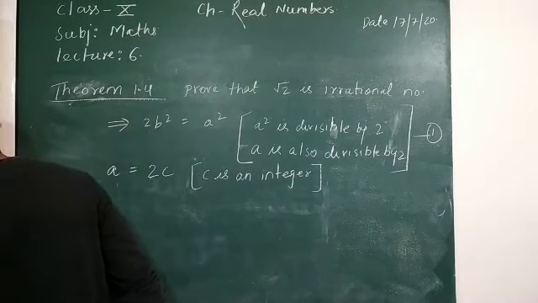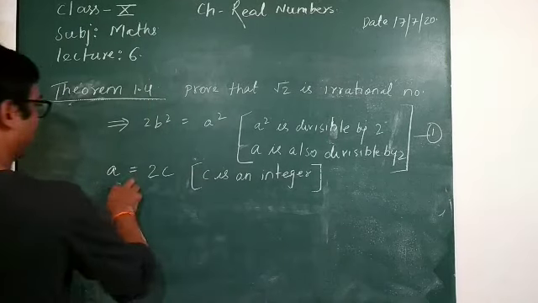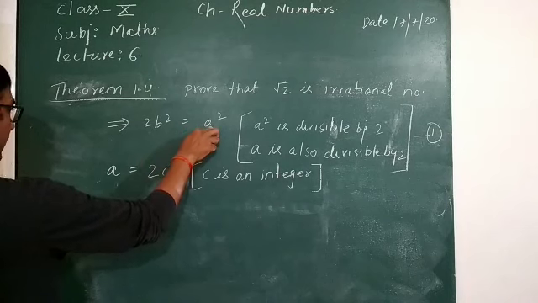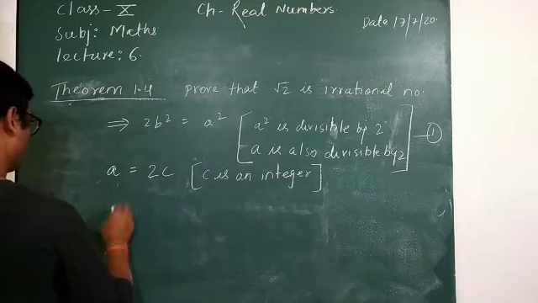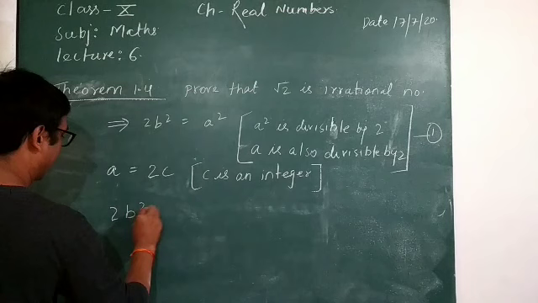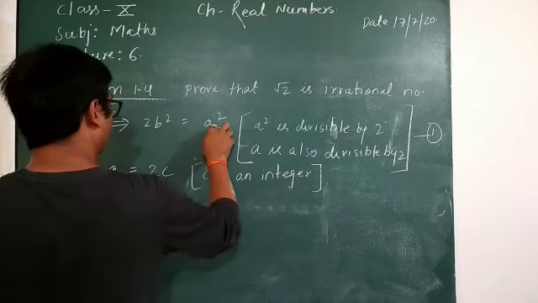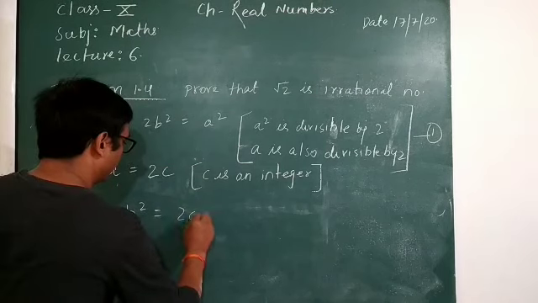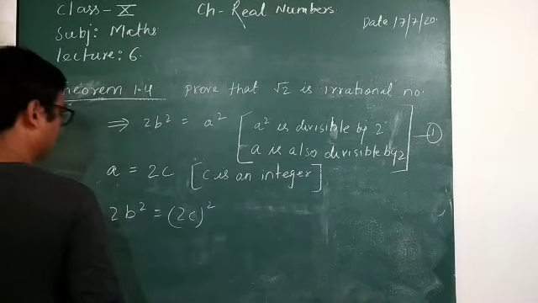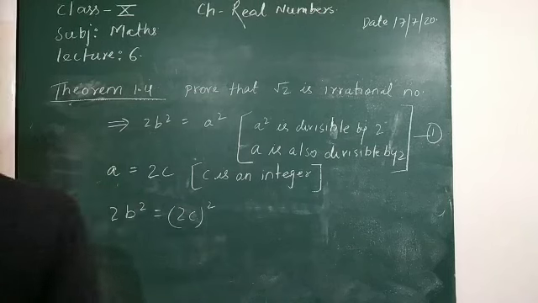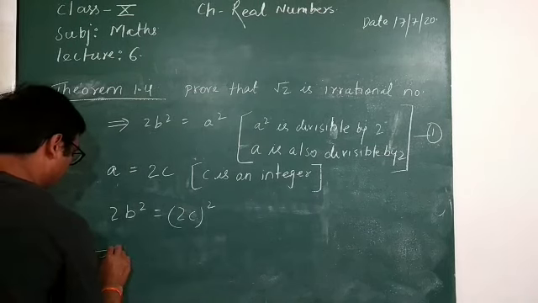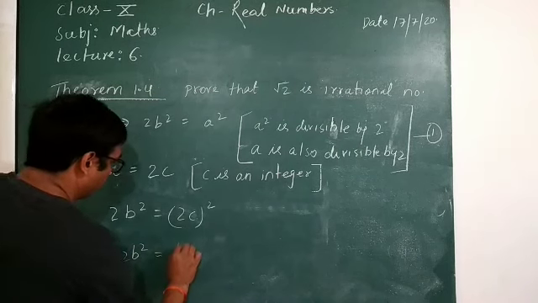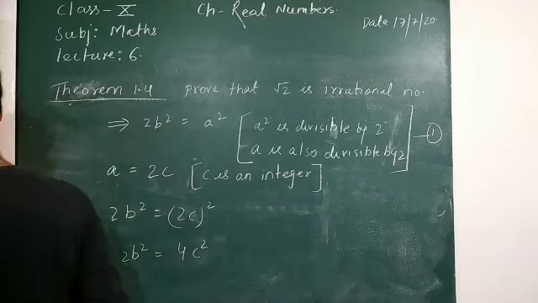On the place of a, we write 2b square is equal to, in place of a square we take 2c whole square. So 2c square. Now it will be 2b square is equal to 4c square.